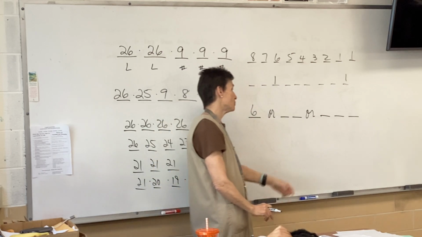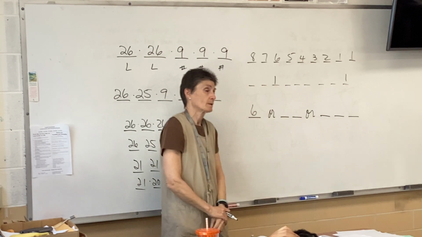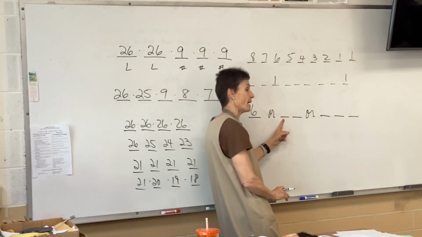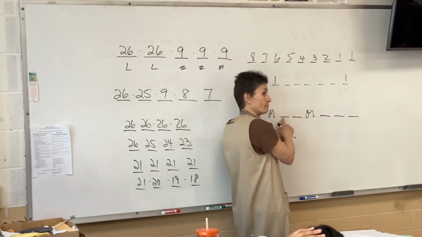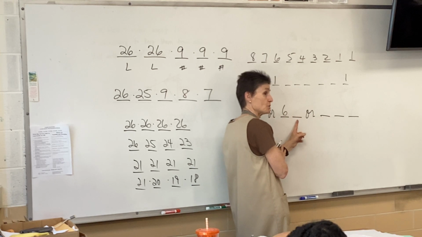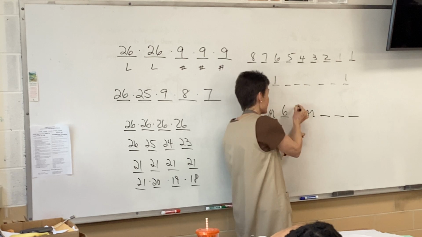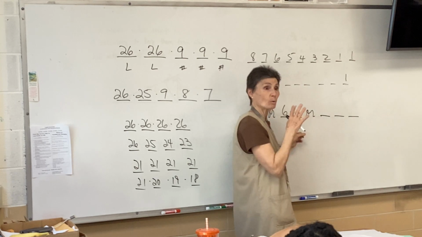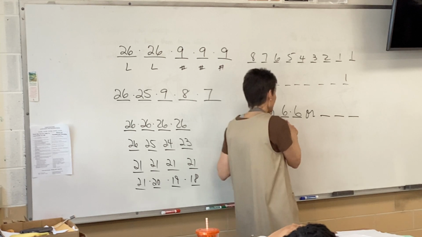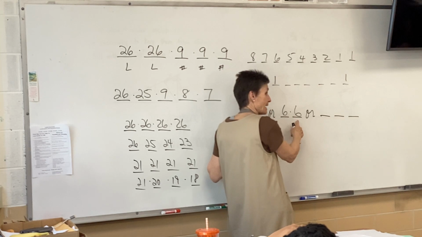Now, what about 2-digit numbers? Well, how many choices do I have for my first digit? 6. How many choices do I have for my second digit? Don't overthink it. 6. Couldn't I have a number like 22? So I'm picking a first and a second, so that would be 36 of those.